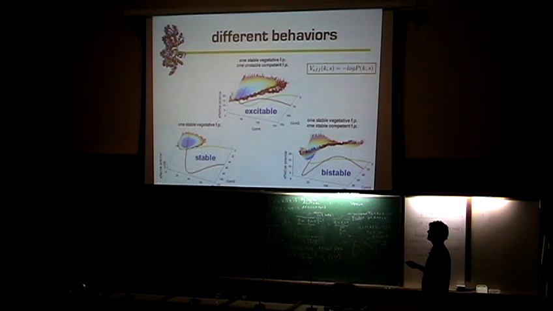Then you do minus log of the probability distribution, which gives an effective potential, not a real potential. It just gives a relation to energy landscapes.